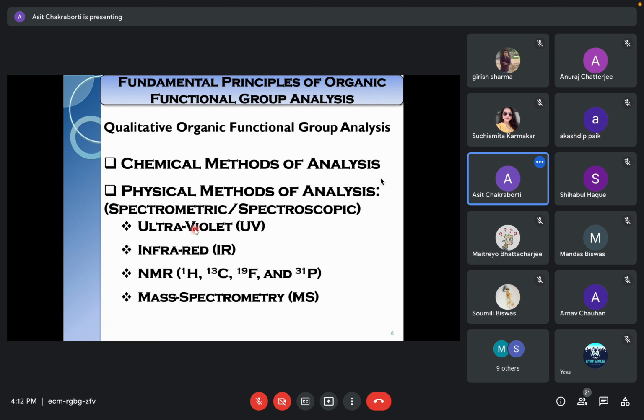Mostly we use three techniques with electromagnetic radiation: UV, IR and NMR. Coming back to conformational analysis, yes, NMR provided proof that conformers do exist.